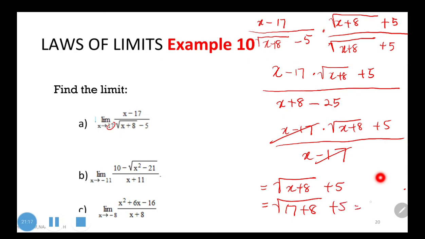So set 25 plus 5, set 25 plus 5, so you should get 5 plus 5, and the answer is 10.